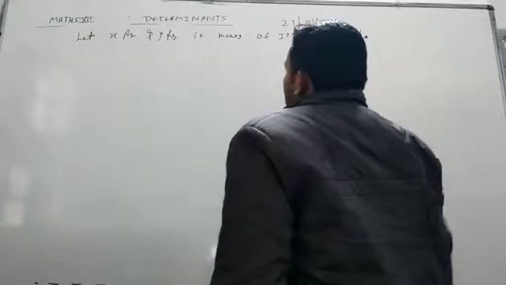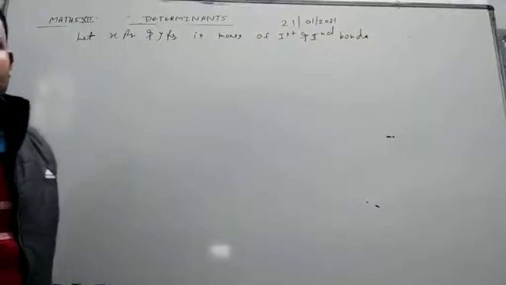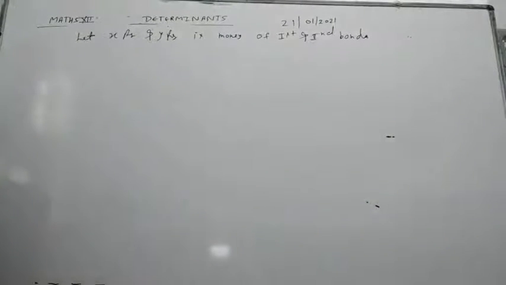Okay students, so X rupees and Y rupees is the money of the first and second bond which he had invested.